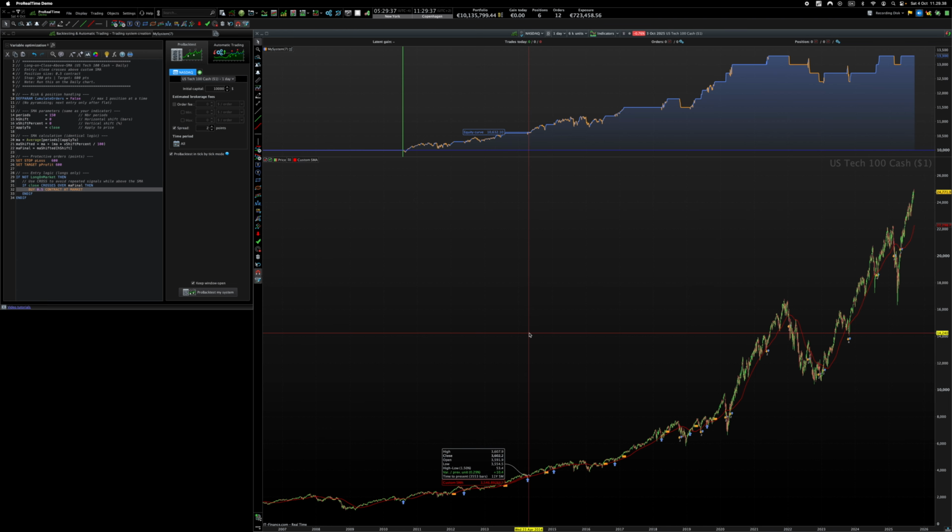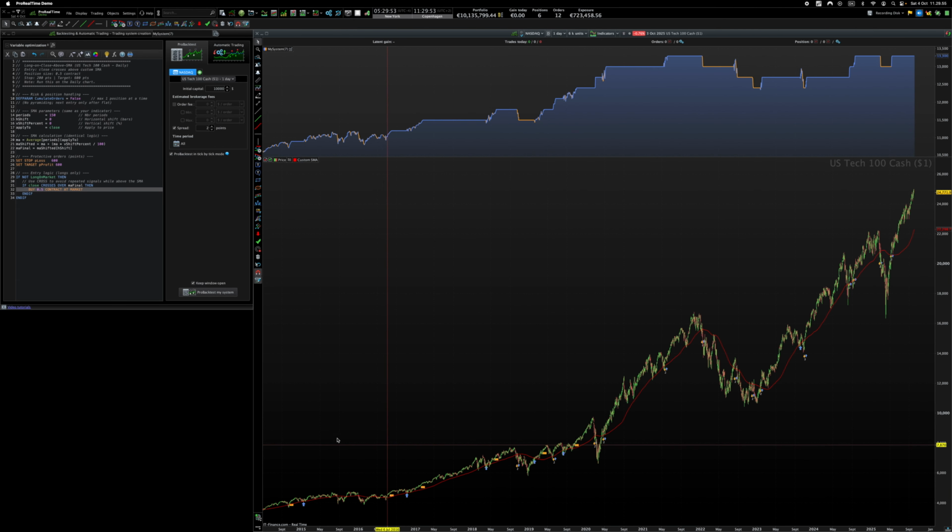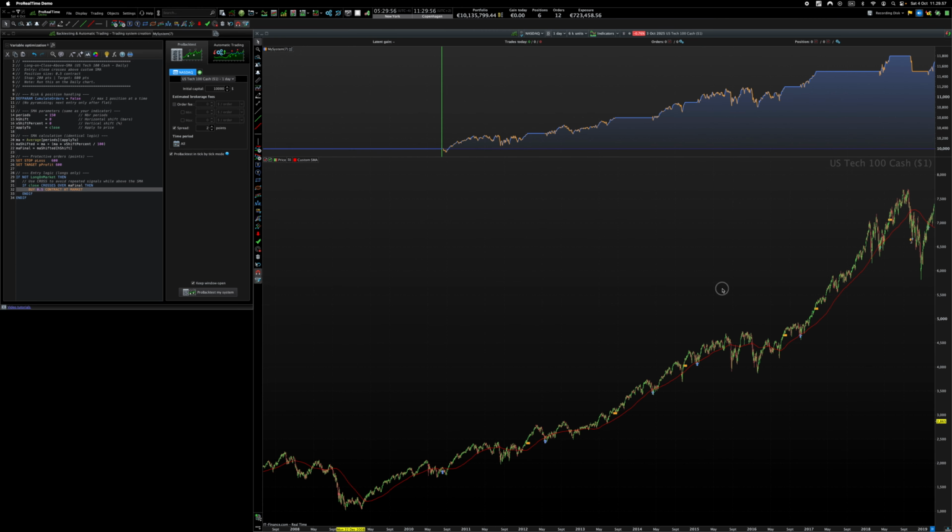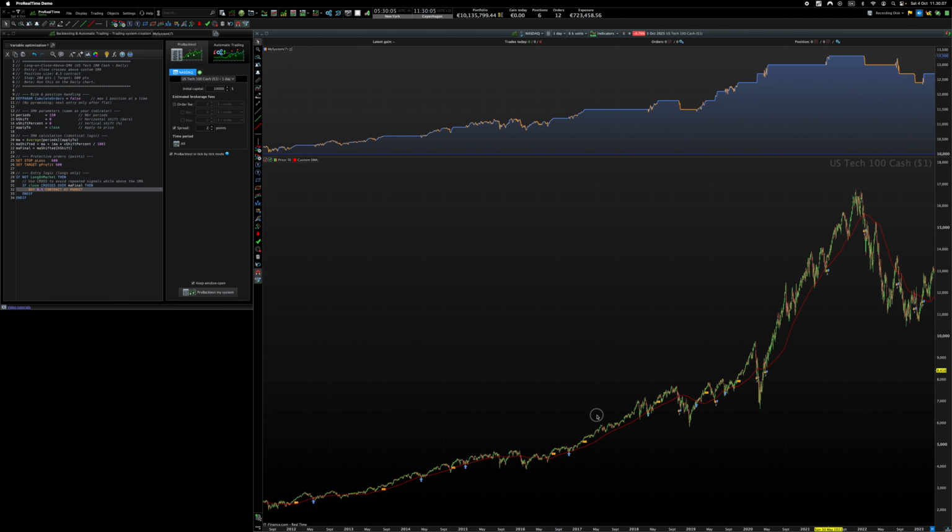I see a clear tendency that the more complex the code or the strategy becomes, the more curve fitting also starts to emerge, and we're not really interested in that. So the first trade the tape is allowing us happens in 2010, and it's pretty much just been going up ever since. But we also had a lot of flat periods here.